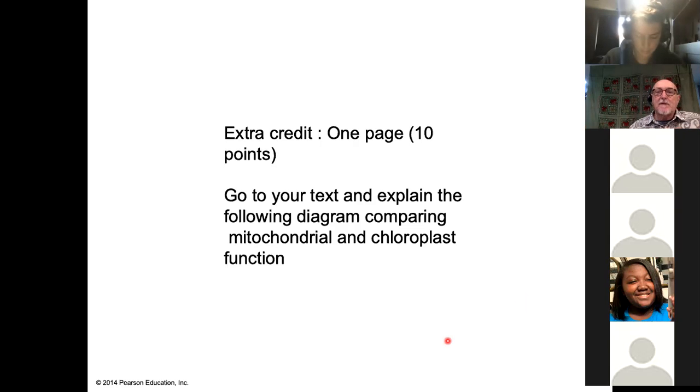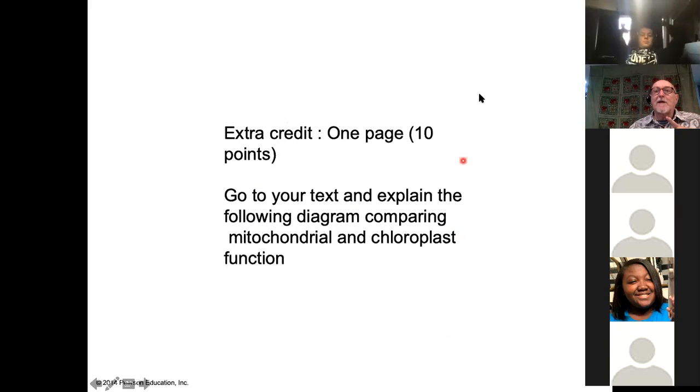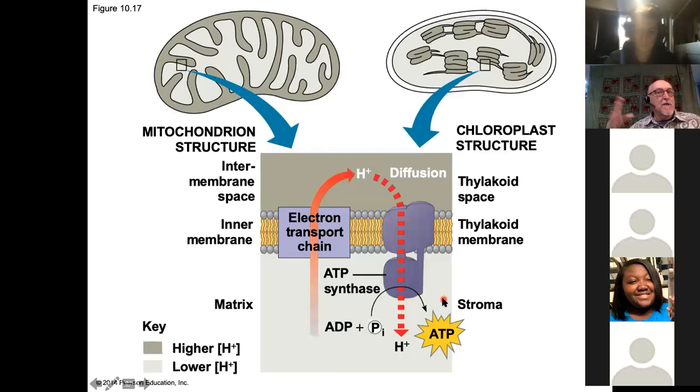I will just mention one thing. You have a bit of extra credit coming up, and it's going to be for 2%. It says here 10 points, but it's actually going to be for 2%. Don't worry about this until after your test. It's just a comparison between the functioning of the mitochondrion and the functioning of the chloroplast.